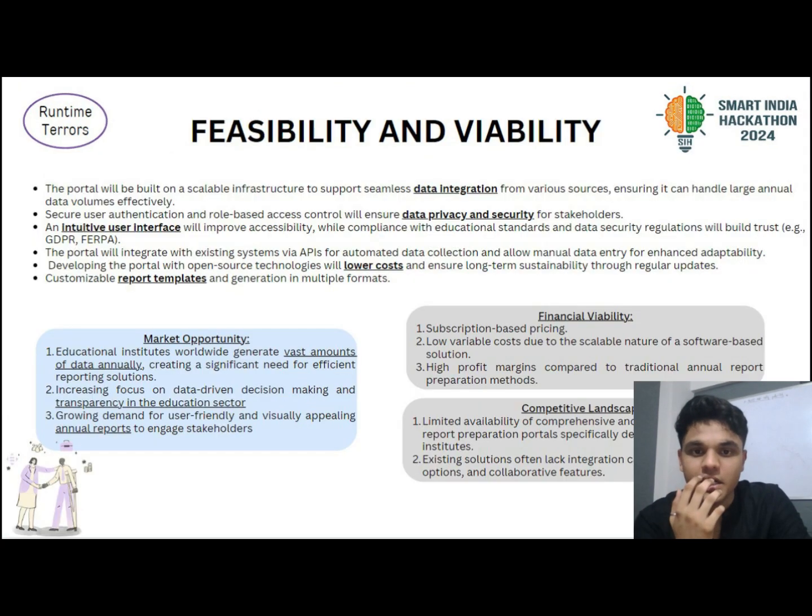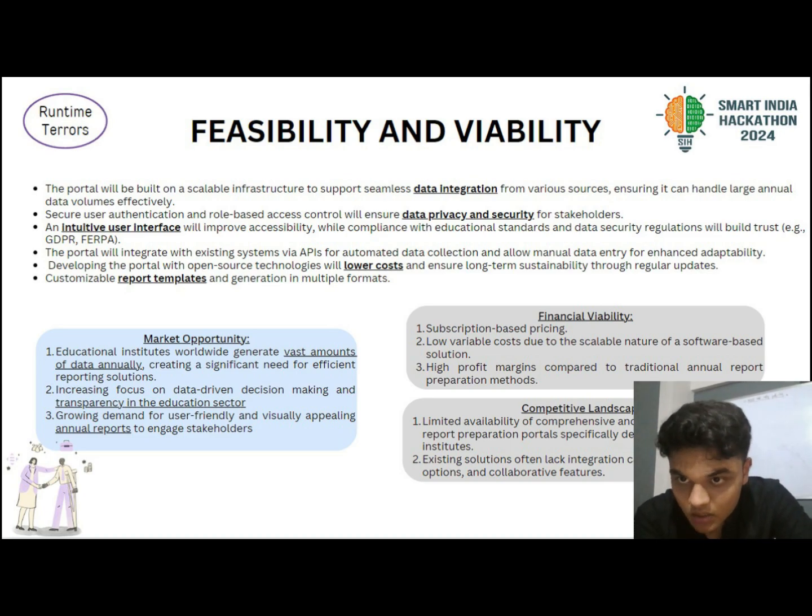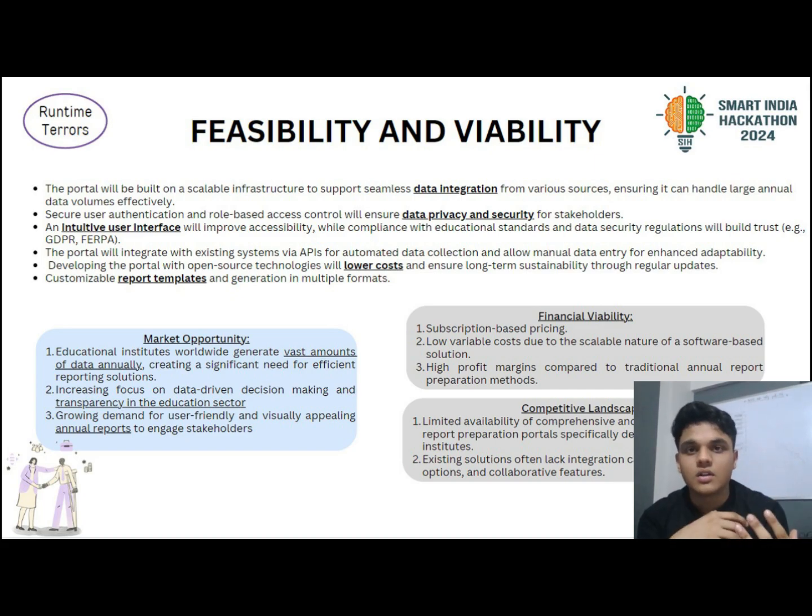So, going with the feasibility and viability. For the feasibility, we have maintained the portal in such a way that data integration can work here, and data privacy and security comply with regulations under GDPR and FERPA, which we have mentioned in the third point. The fifth point concludes that it is very low cost. The traditional annual report consists of papers and was comparatively very expensive, compared to this digitalized annual report.